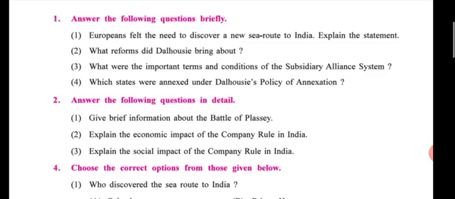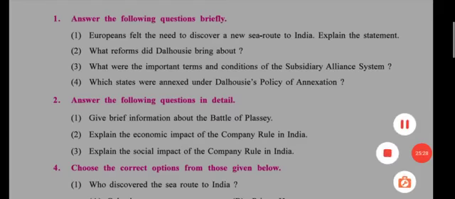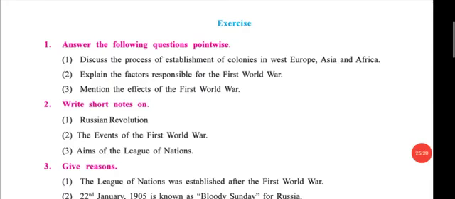Okay? Then chapter number 2, you write question number 1. Discuss the process of establishment of colonies in West Europe, Asia and Africa. This question you write in detail. Then explain the factors. You write only the head points of the factors, not in detail.